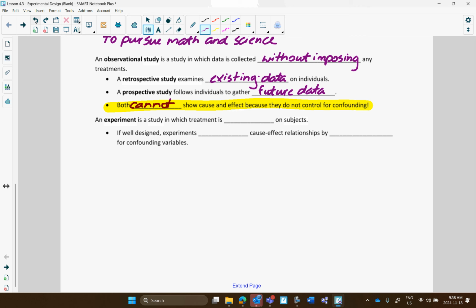So an experiment is a study in which some treatment is imposed on subjects. And like I said, if they're well designed and well implemented, they can show cause and effect, by controlling potential confounding variables.